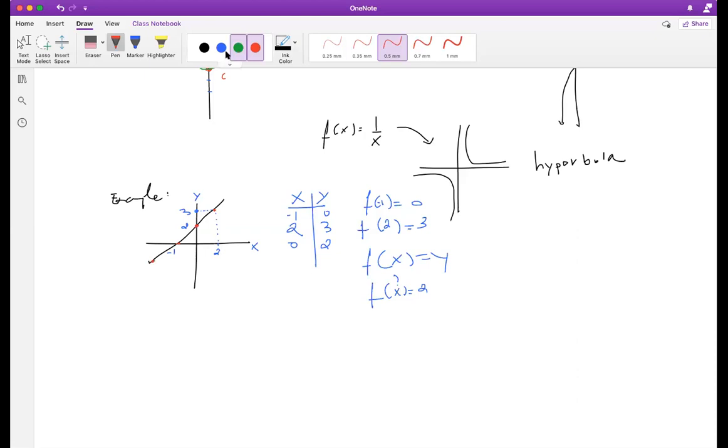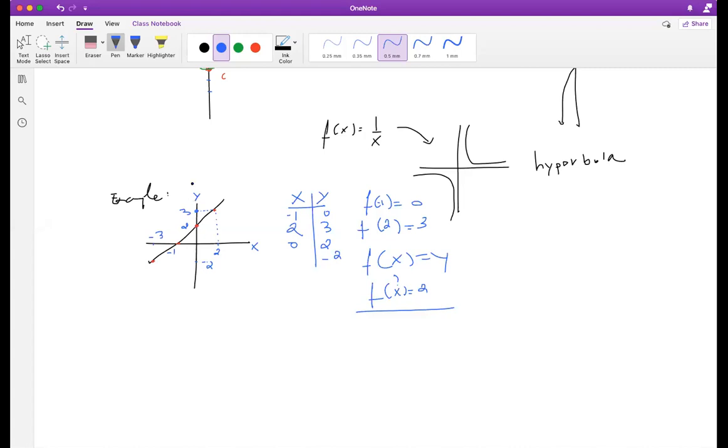Let's take this point. Now we'll call this probably -3. And let's call this -2. So now for this one, let's say you have the y, but we need the x.